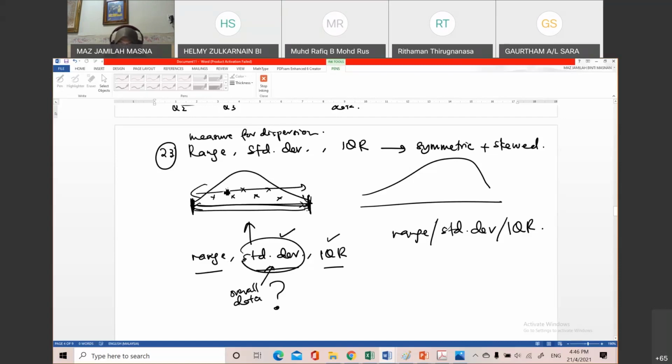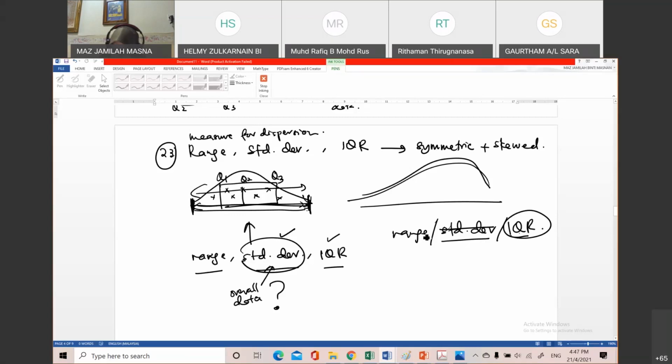If you are referring to the middle 50%, then IQR can be the answer. But at the moment, standard deviation would be the best. What about for a skewed data set? Remember? IQR. Yes, IQR. Standard deviation is no longer suitable because it's already skewed.